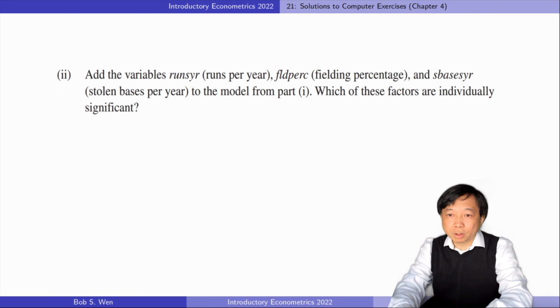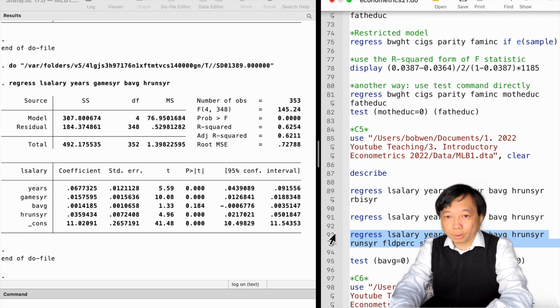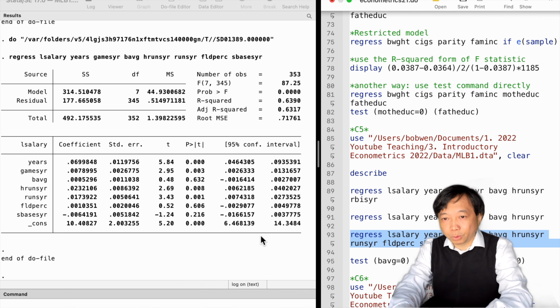For the second part, we add the 3 additional variables to the model. We find that only the runs per year variable is statistically significant at the 1% level. The t-statistic is 3.43, and its p-value against a two-sided alternative is 0.001.